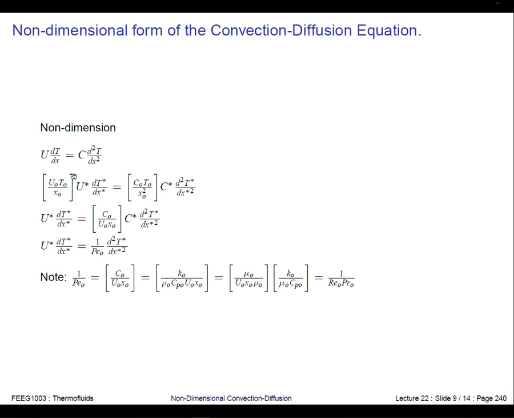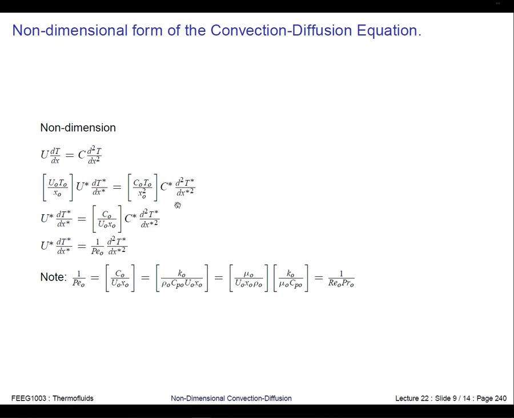So I can take my t0 out of my differential operator and I can put it here. And my t star is effectively my variability as a function of x, so that has to stay inside my differential operator. And then I've got my d by dx, and I can substitute that for 1 over x0 d by dx star. So here's why my x0 appears here, and here's my d by dx star here.